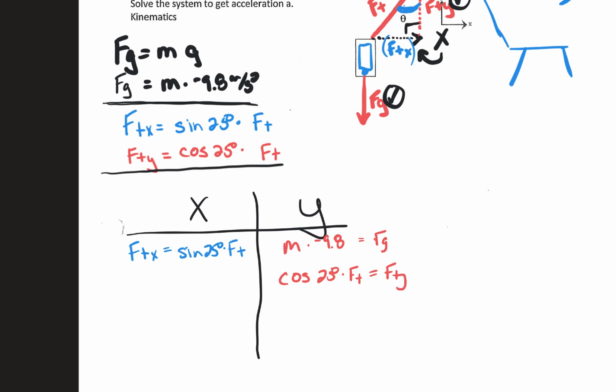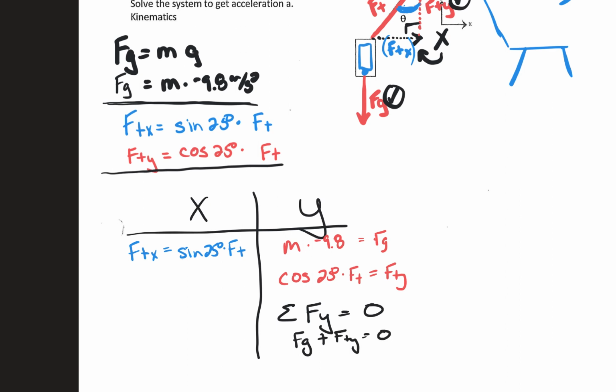Now, this iPod is not moving up or down. The acceleration is sideways. So we know that the sum of the forces in the Y direction has to add up to 0. There's two of them. There's Fg plus FTY. They add up to 0.